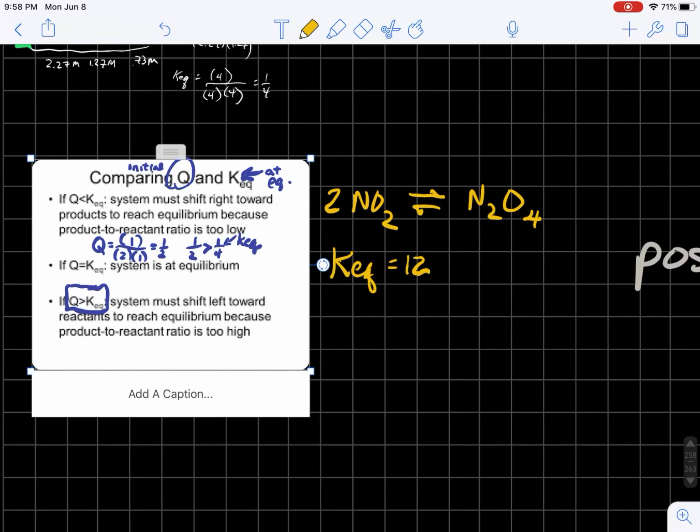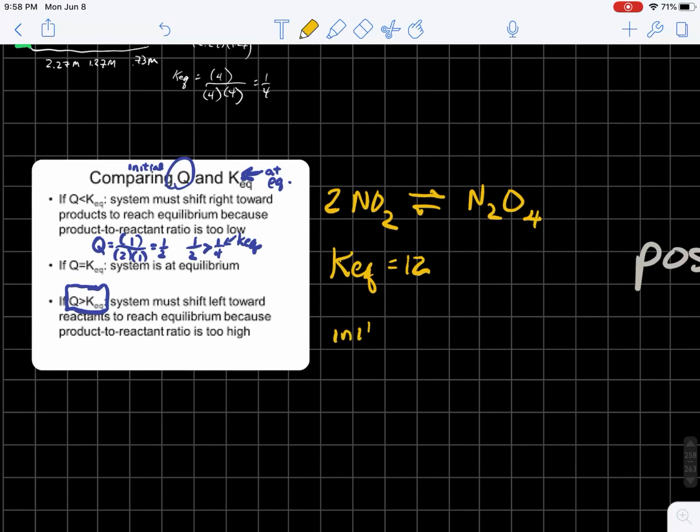So suppose we say, all right, initially we're going to start with 6 molar NO2, and we're going to start with 1 molar N2O4. What direction will the reaction go to reach equilibria?